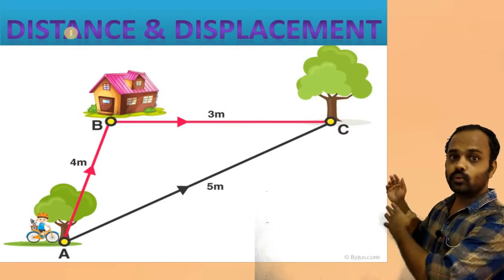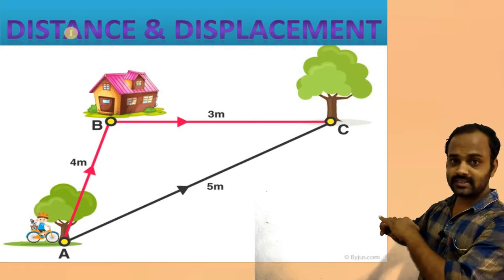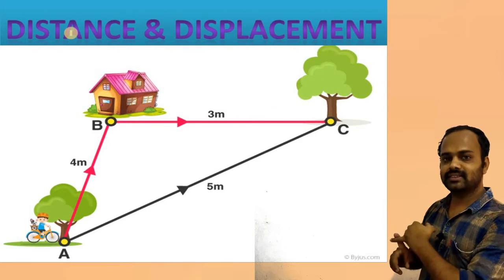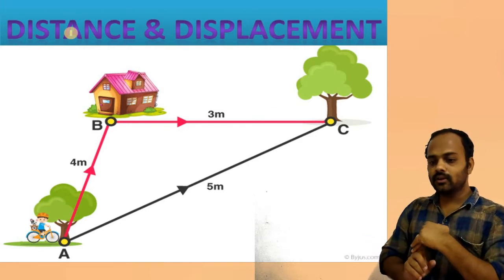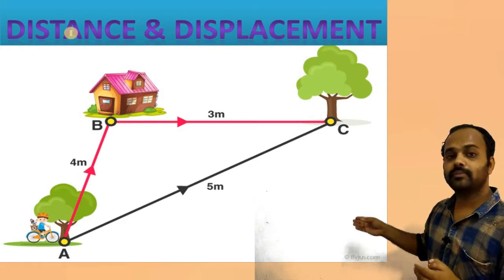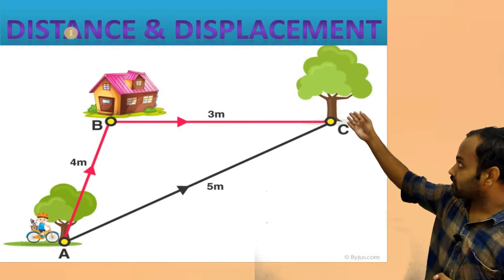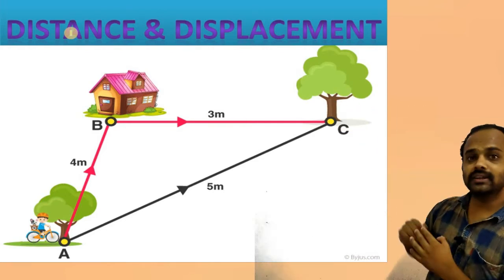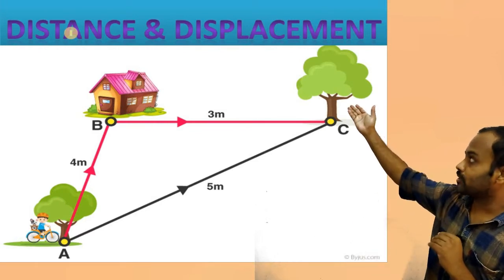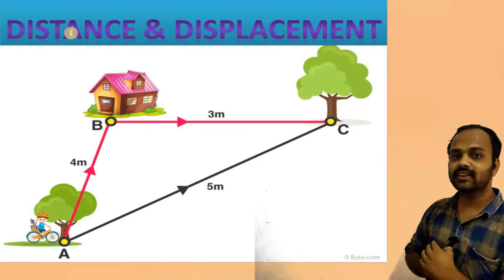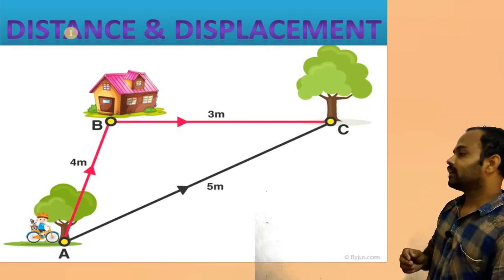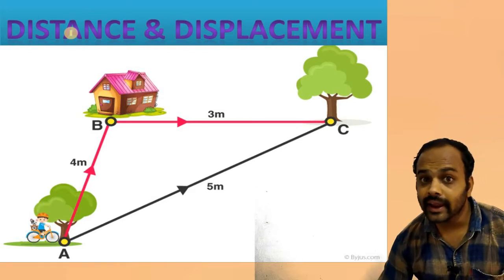Okay students, in this figure we will discuss the difference between distance and displacement. Looking here, a boy is riding a cycle. He rides from point A to point B, then point B to point C. Look at the figure, students.